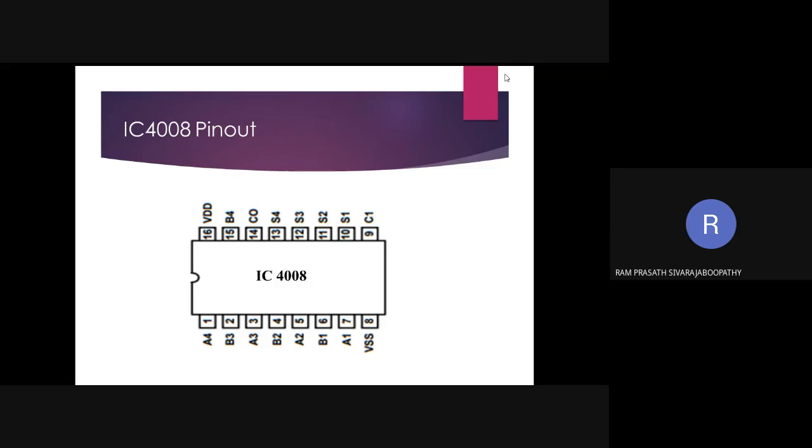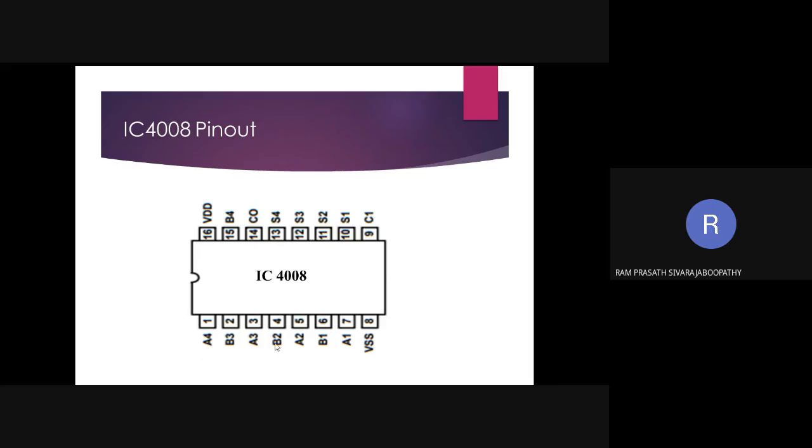This is the pinout of IC 4008. Kindly take a screenshot. We said it can add two 4-bit numbers. In that you can see A1, A2, A3, A4 are the pins for one 4-bit data.